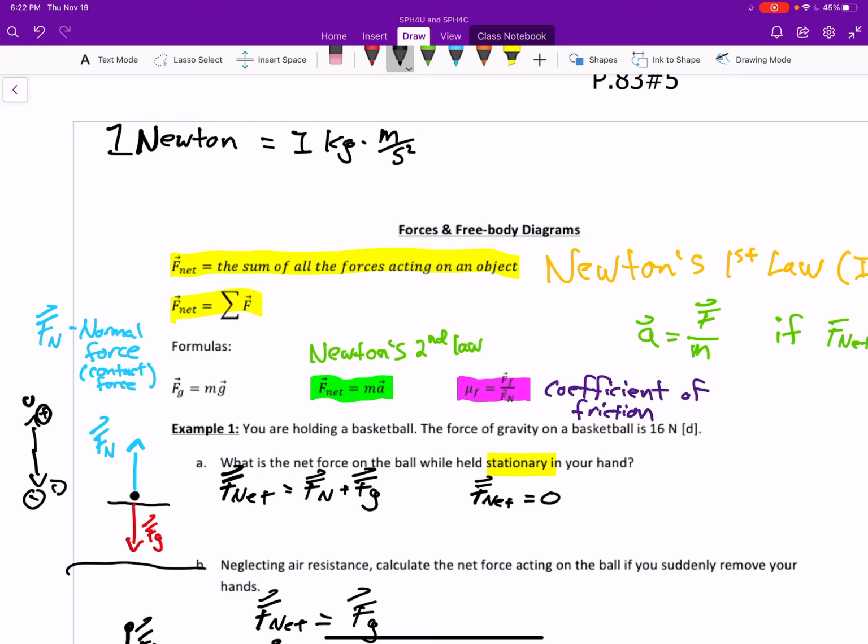Another way of looking at this is you could say that this is kilogram meters per second, this thing per second. So a mass times a speed per second is what we're talking about, right?